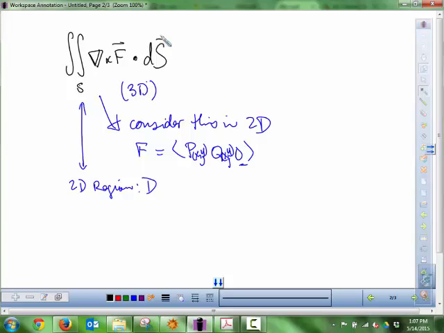So let's take the curl of f. If this is my f function, I'm taking the curl of this.